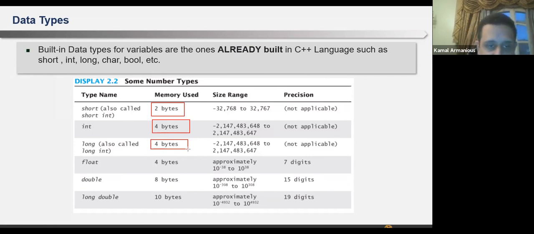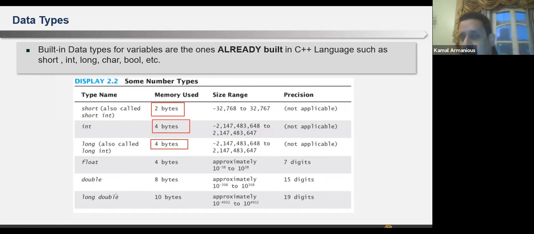For the long, some operating systems have it 4 bytes, some others have more. The float is 4 bytes. The float, double and long double are numbers with decimal points.